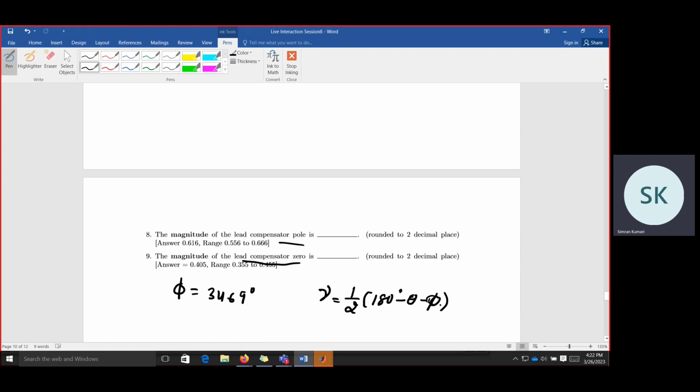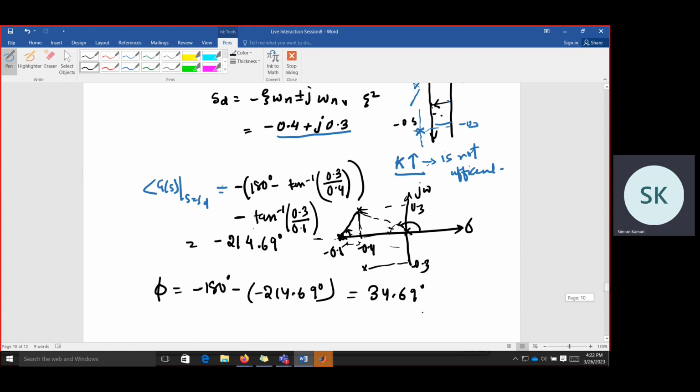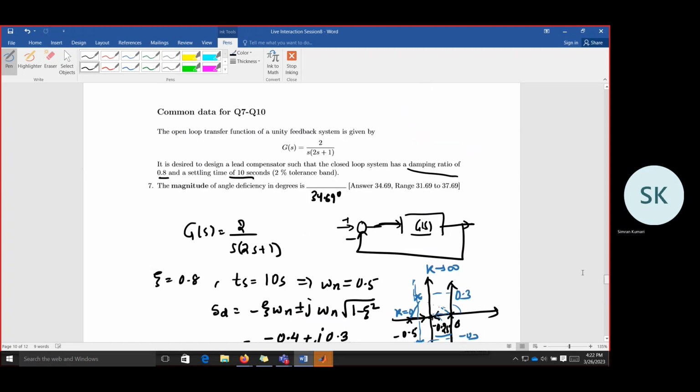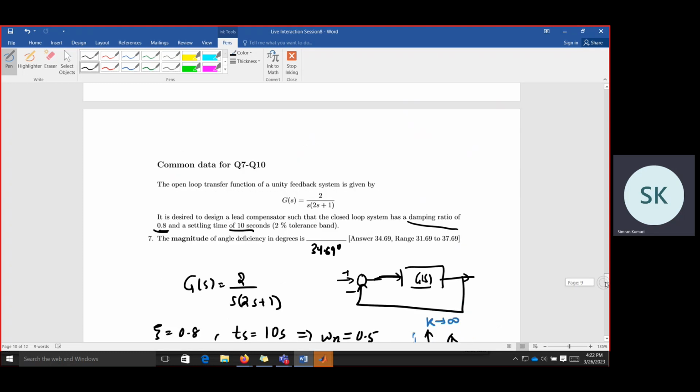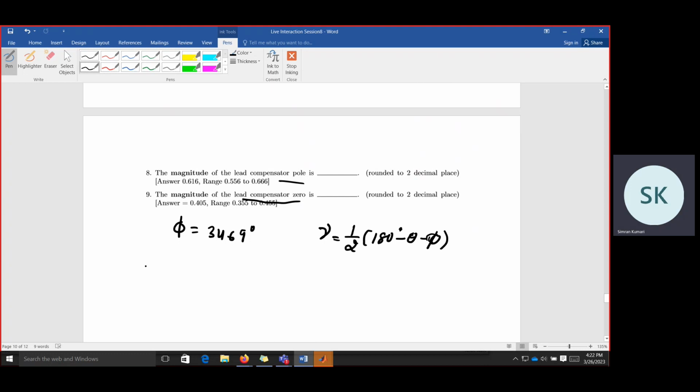We have this phi, and for theta, we know the damping ratio is 0.8, so we can find theta, which is cos inverse 0.8, and this would give 36.86 degrees. So if you find that gamma, this will be 54.22 degrees if you substitute these two.